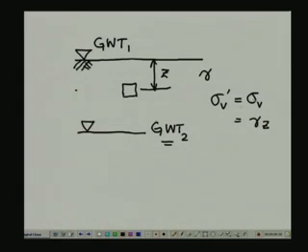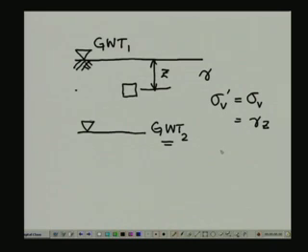Okay, so that was the state at which the soil element got stabilized when the groundwater table went down to the deeper location, and then finally the groundwater rose to the surface.